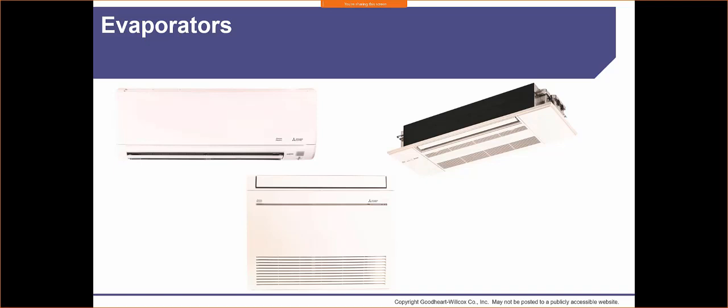A couple other evaporators. These are for the mini split line. We've got a wall-mounted unit here. You're going to really start to see a lot of these start coming into the market nowadays. Got a little fan or blower motor inside of here. It's going to suck air through the top, and the air is going to come out through the side.